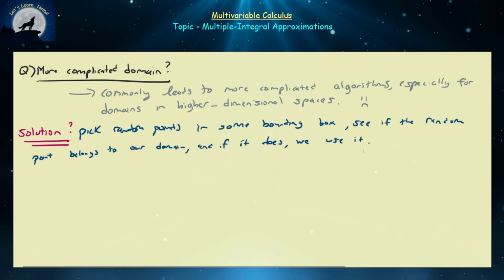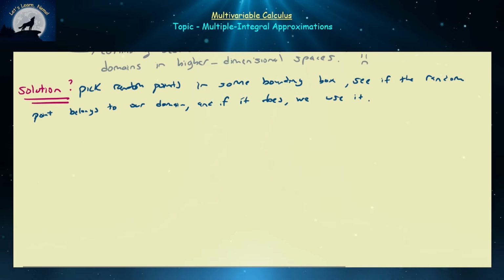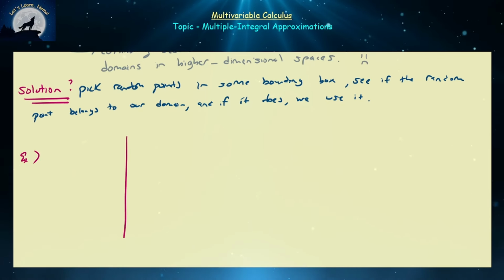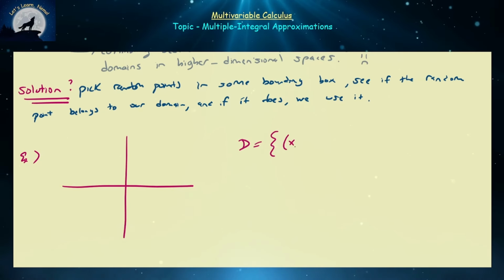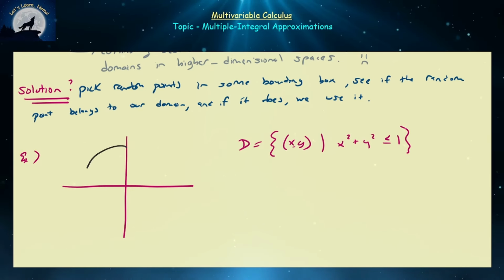Let's use a basic example from elementary geometry. So if we have a unit circle, for example, D is equal to the set of all points x comma y such that x squared plus y squared is less than or equal to 1, where the boundary is the unit circle, right?